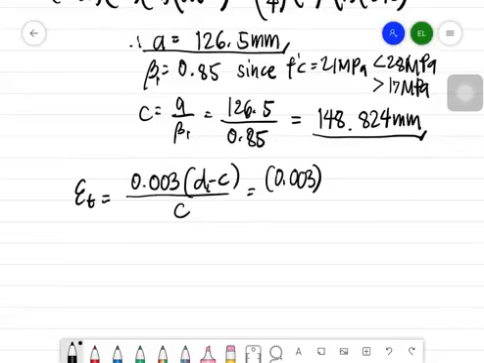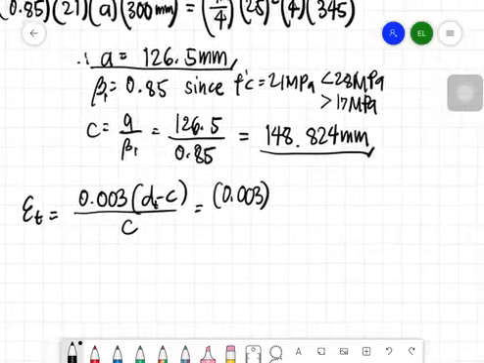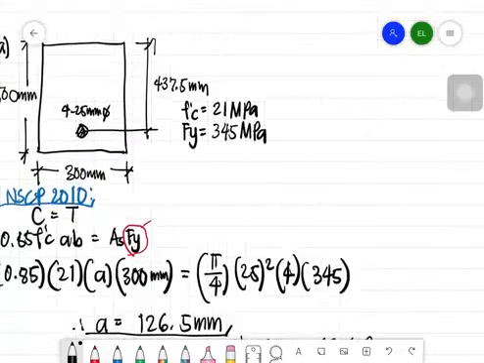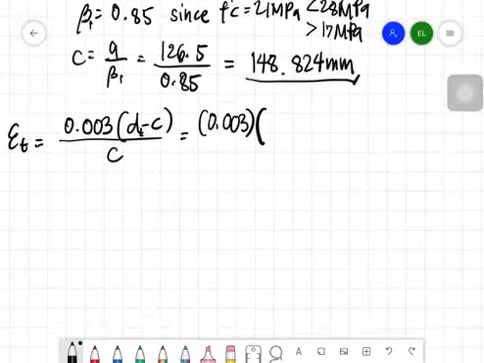Take note, this is dt, to be specific, because d and dt are not the same if the layer of your steel bar is more than 1. D and dt are the same if you have a single layer of longitudinal bars.